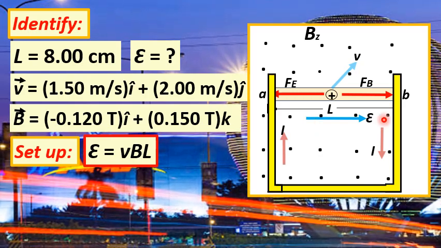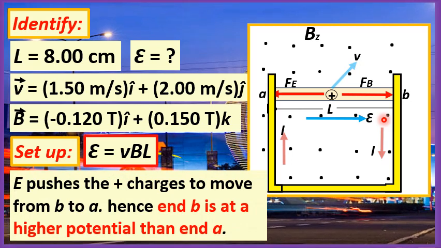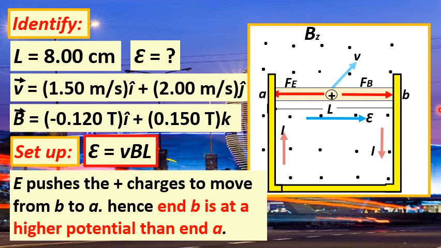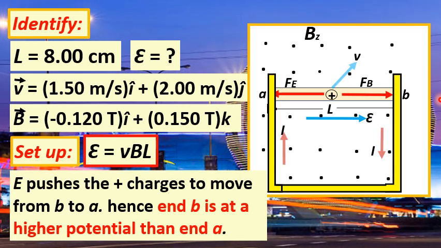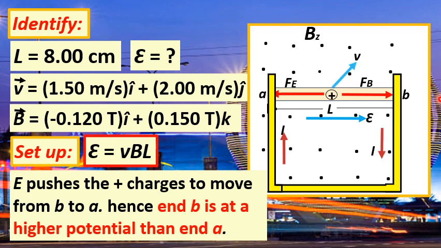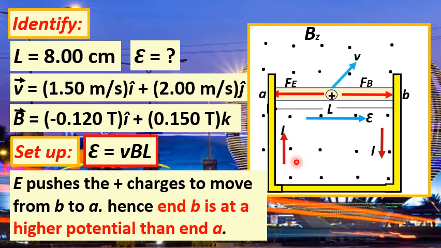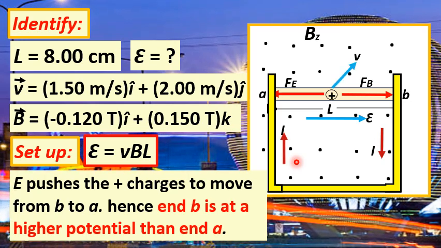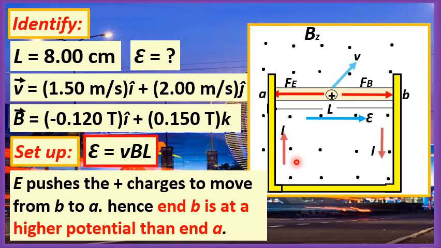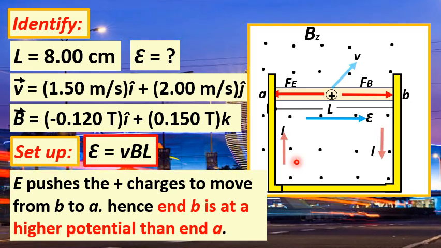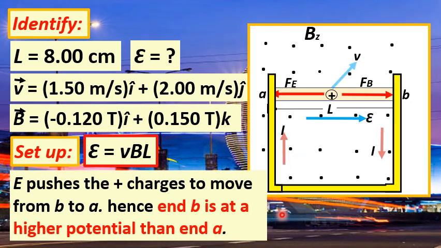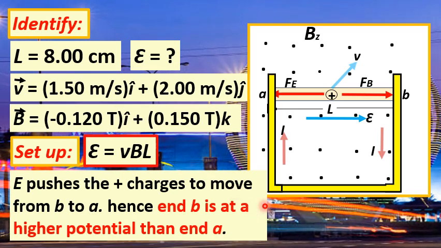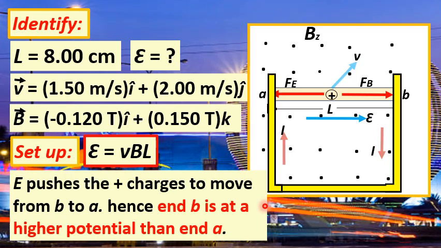Since the induced electric field within the rod pushes the positive charges from right to left, or from end B to end A, we say that end B of the rod is at a higher potential compared to end A. So that is already the answer to question letter B in this problem.